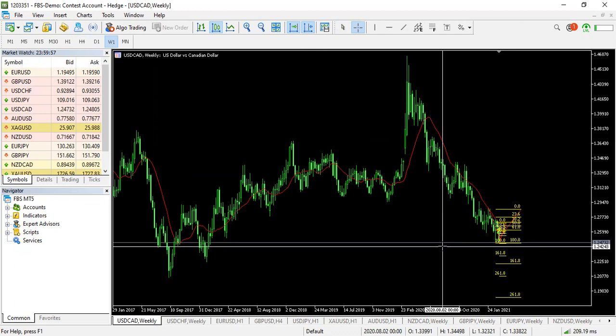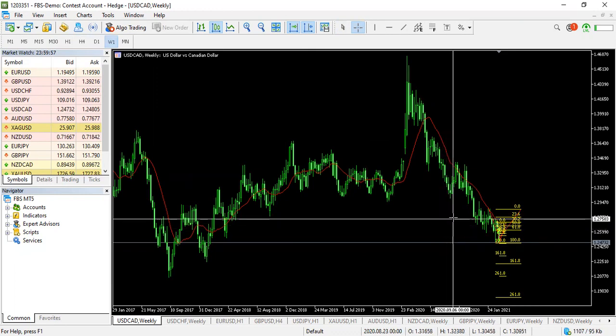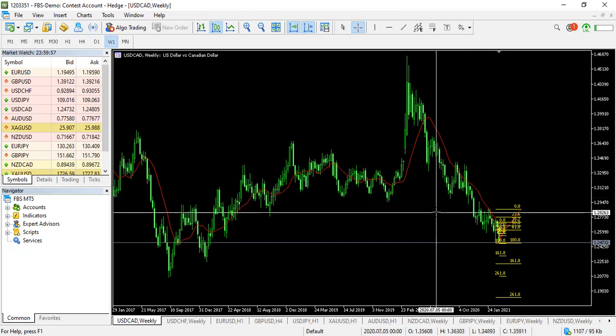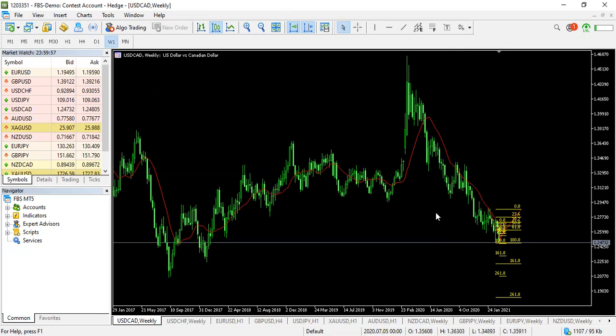It's up to you, but the risk ratio here is very, very good, because the USD is about to start rising. We don't know for how long, and the CAD might also start being weak, because it's been climbing for the past few days and weeks. We'll see what happens in this coming week. So, enough about USD CAD.